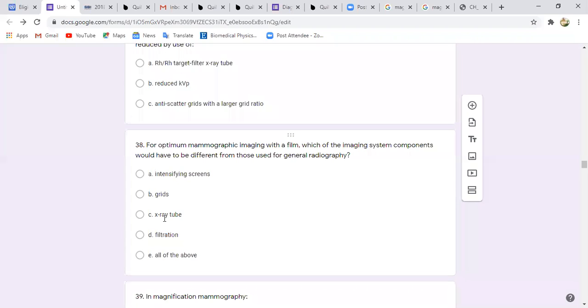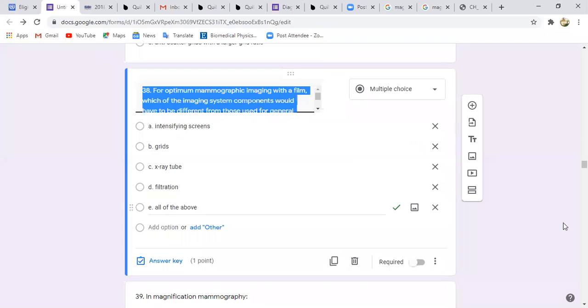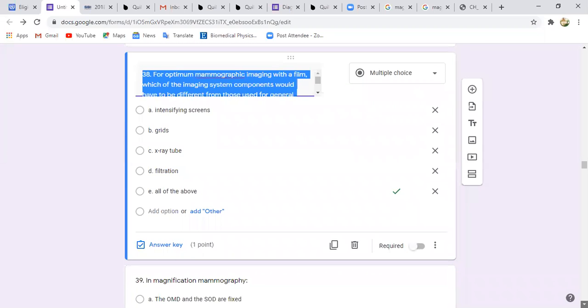The X-ray tube, of course, is different, different material, and all those. The energy is different too. For mammography, it is just around 30 to around 40 or so kVp. Filtration, the same thing. So all of them, we have different considerations.